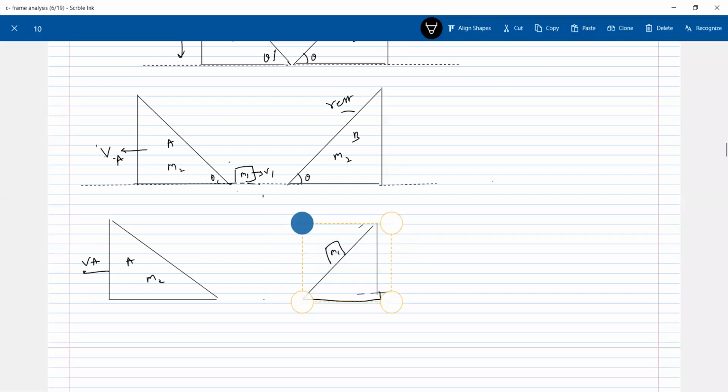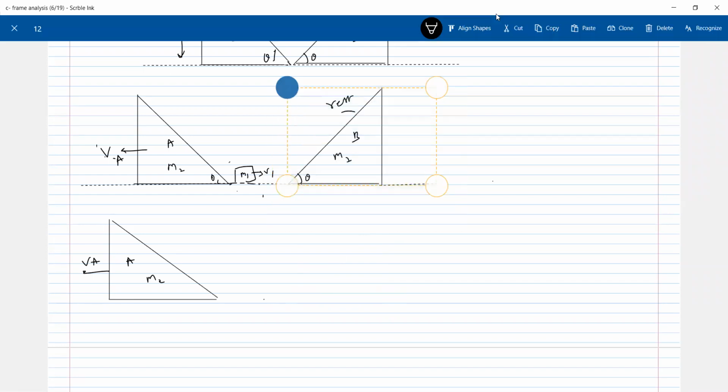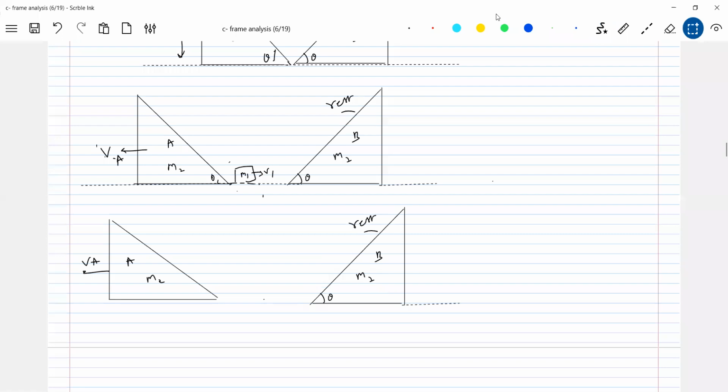I'll take that diagram. What is the state of the block? The block has now landed onto the wedge. It will have some velocity, say V1 dash, and the wedge will have velocity, say VB dash. And this will continue to move at a constant speed.